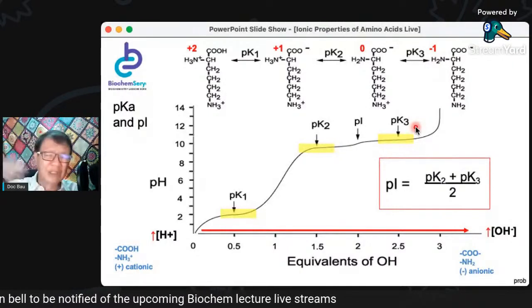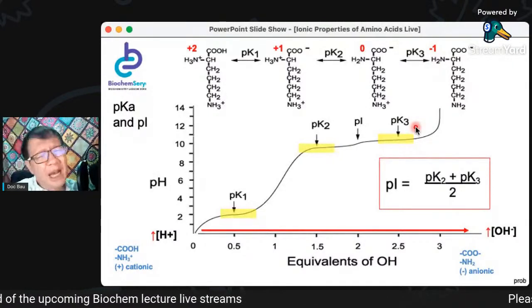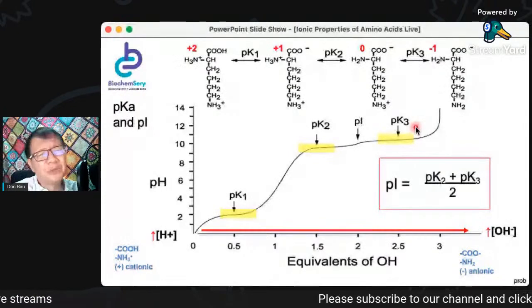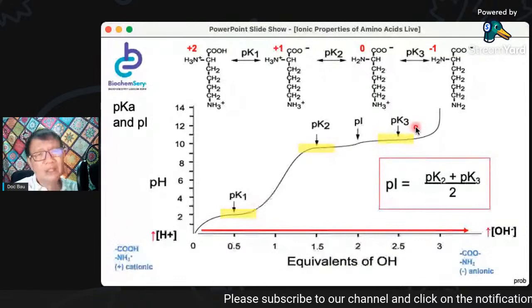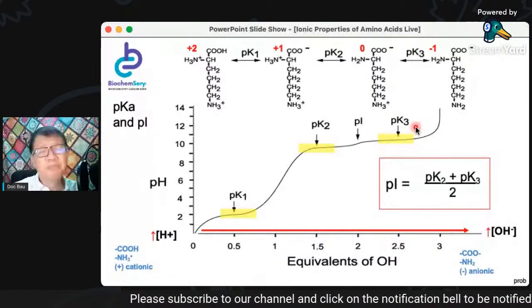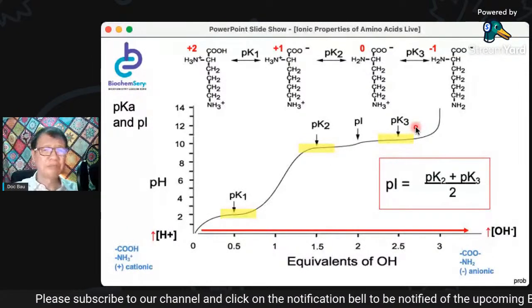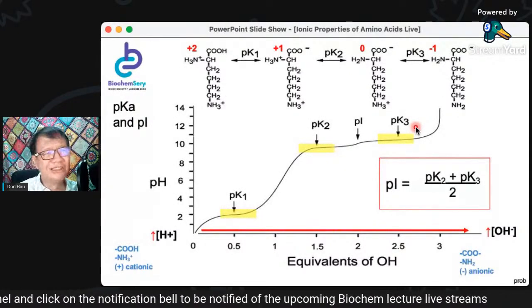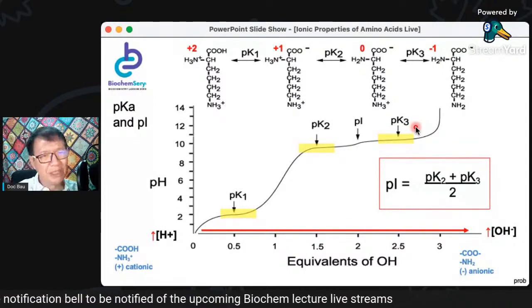So the pI of your basic amino acids is the average of the two most basic functional groups. If it is basic, the pH is higher, so it's pK2 plus pK3. Okay, this is my last slide.